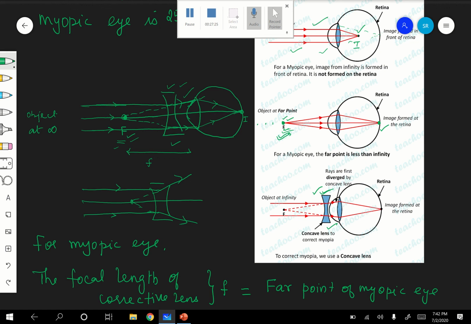Very, very important. If you know the far point of the myopic eye, then you can choose the lens. That is why doctors check to see which is your far point. Once you know the far point, they will choose the concave lens so that the far point and the focal length of the concave lens will be the same. Are you following, children? Is it clear?